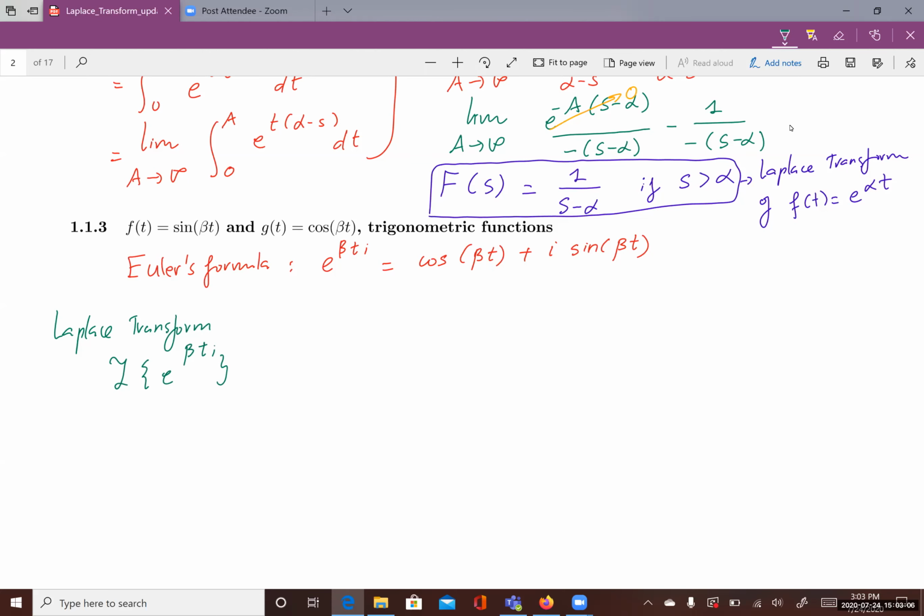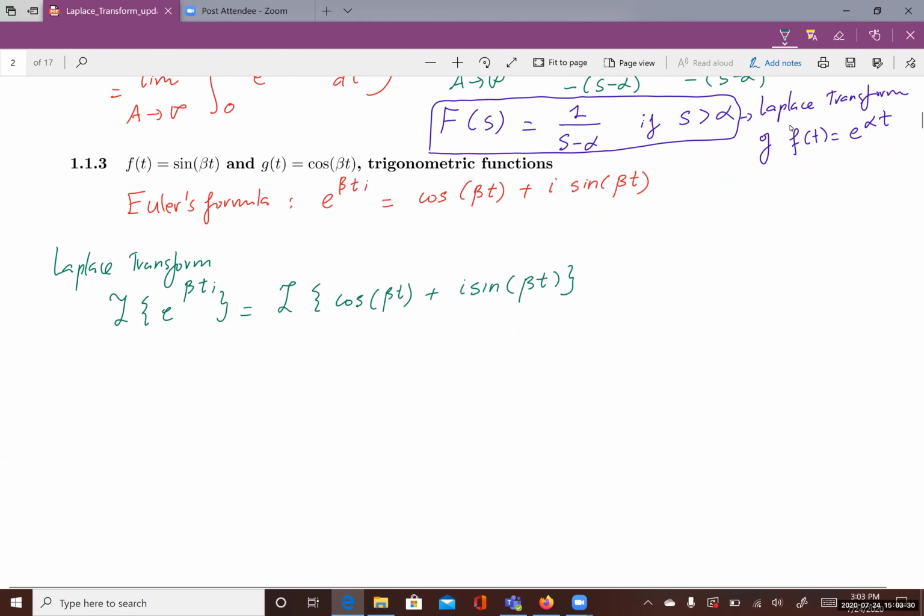Okay. So L of e to the beta t i, I can use Euler's formula to convert to the Laplace transform of cosine beta t plus i sine beta t.